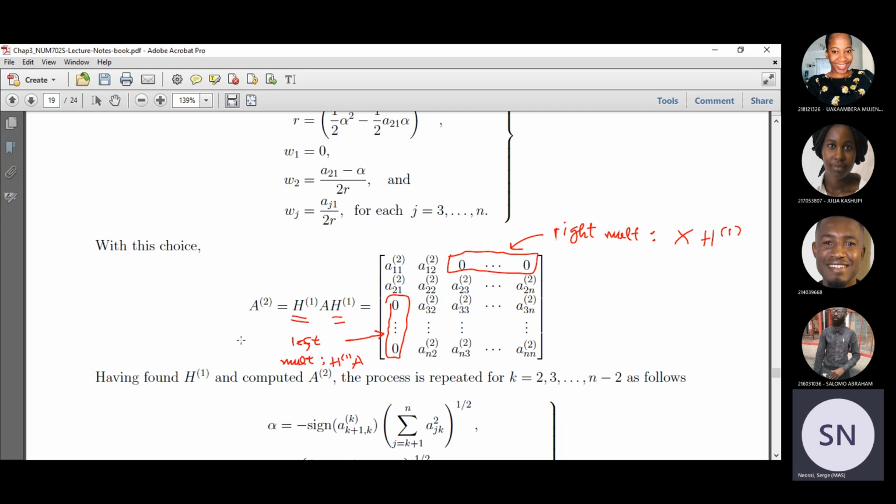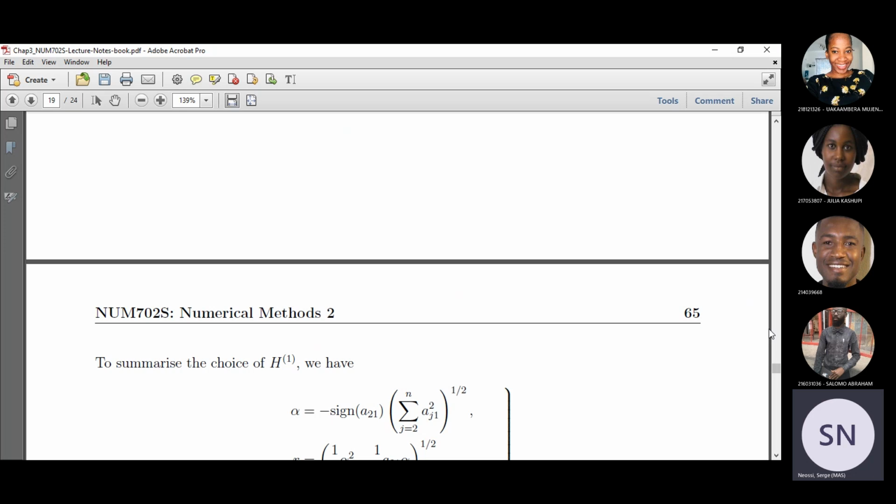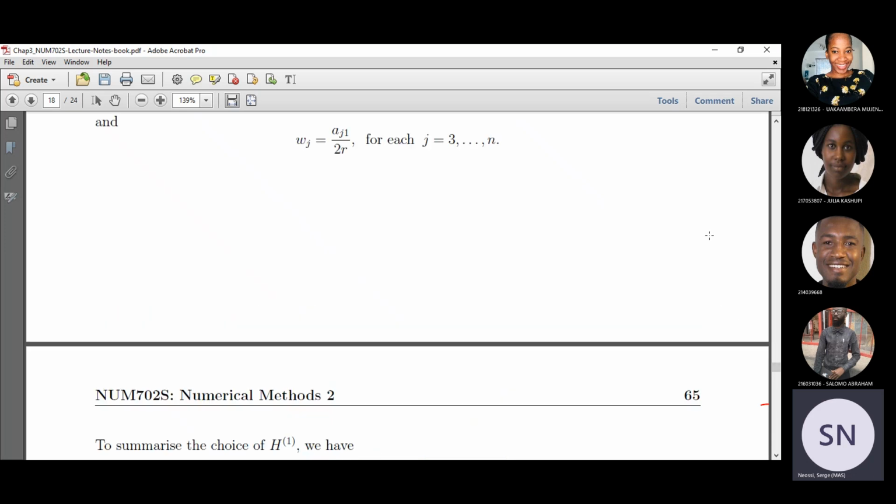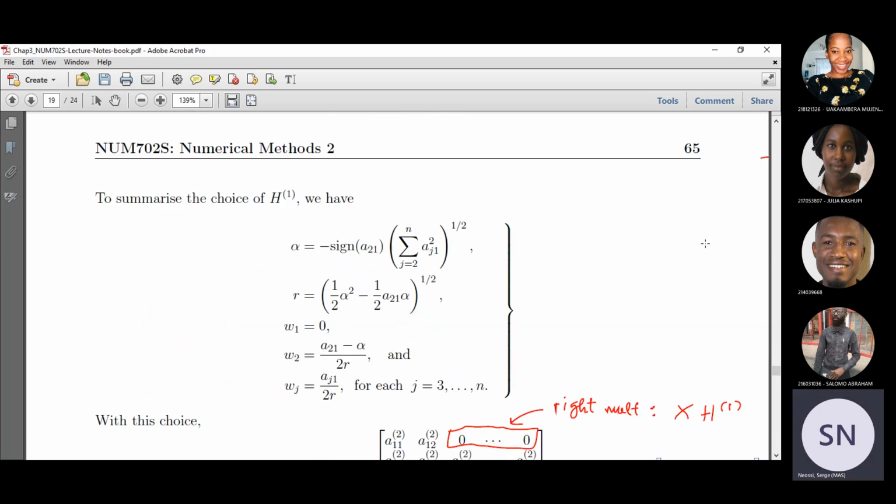Now, if we proceed further, that is, if we construct H2, A2. That is, we take this result A2, we construct H2 and we multiply A2 by H2 on both sides.